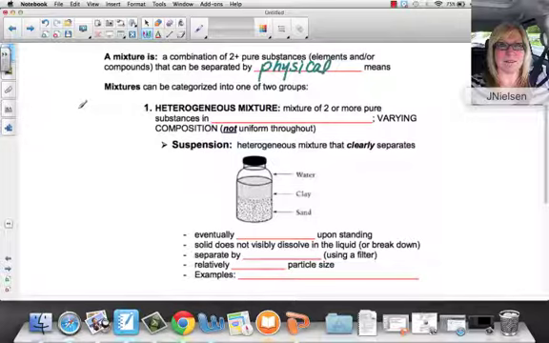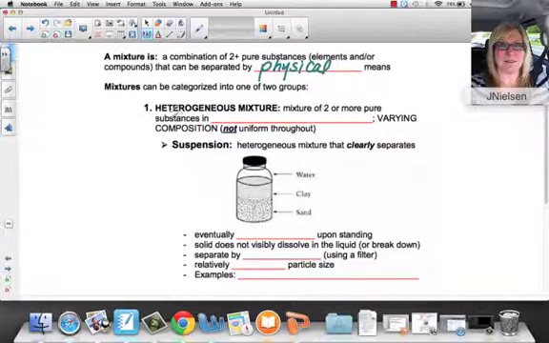Well, how would you do that? You'd mix some water with it, dissolve all the salt, then filter the solution with the sand. The salt water will go all the way through, the sand will get trapped in the filter paper, and then you could evaporate the water to get rid of it and be left with just the salt. So a mixture, and that's with separation all by physical means.